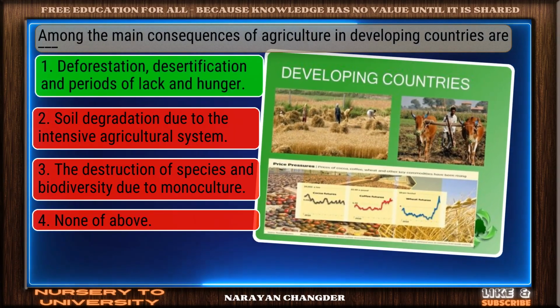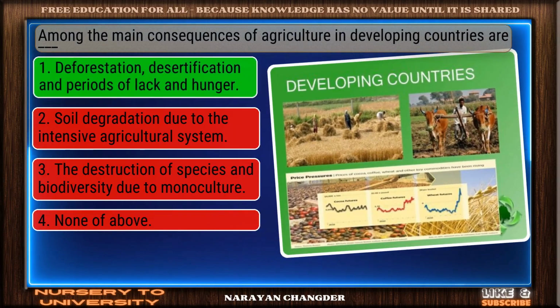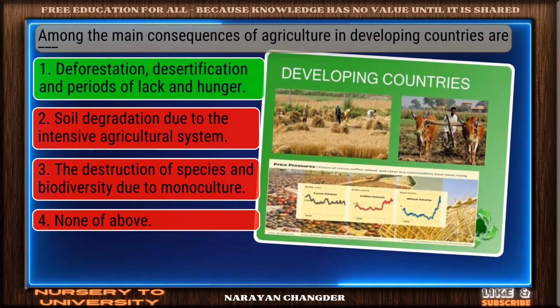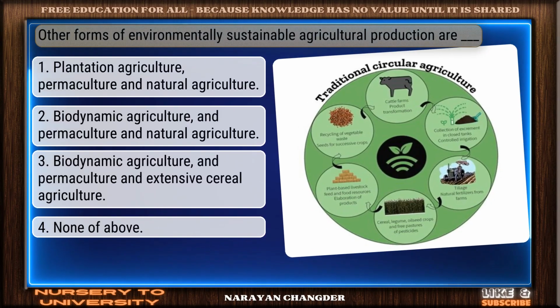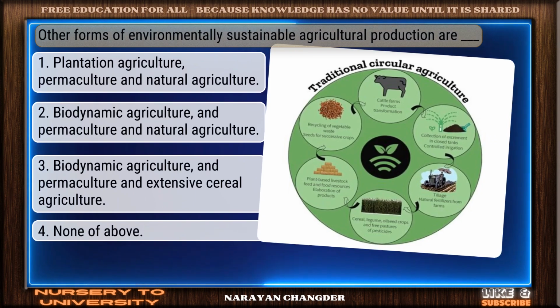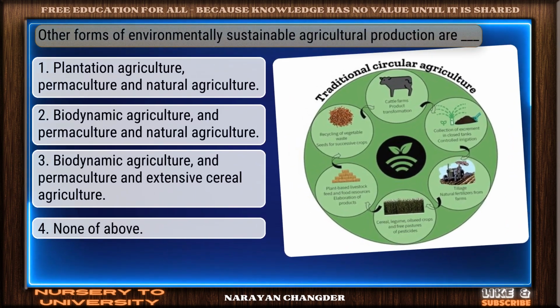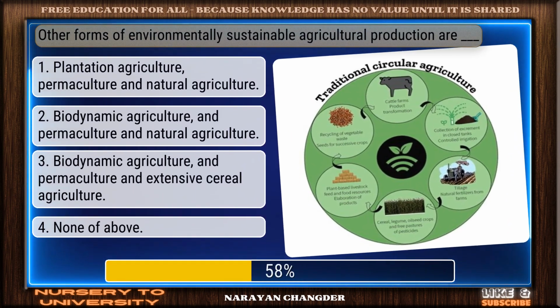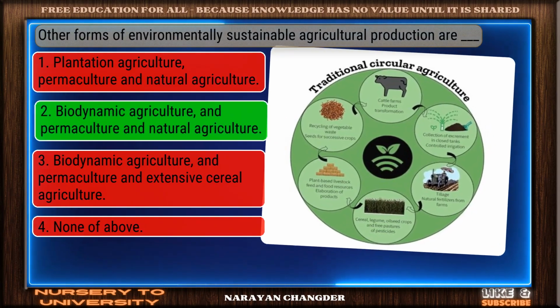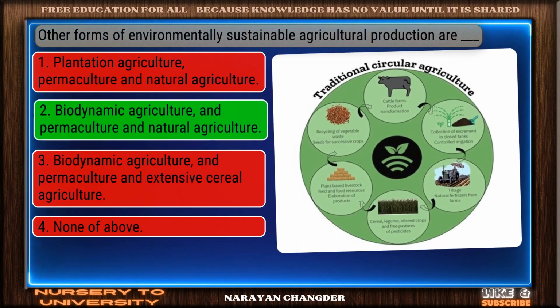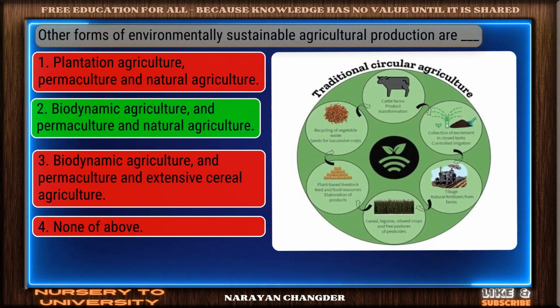Deforestation, desertification, and periods of lack and hunger makes sense, and it is the right choice. Other forms of environmentally sustainable agricultural production are dash. Perfect. Biodynamic agriculture and permaculture and natural agriculture is the correct choice.